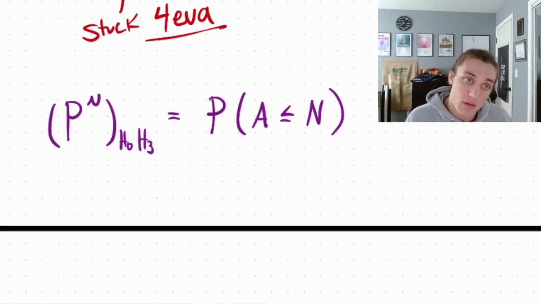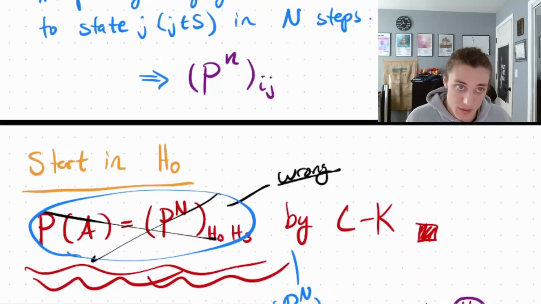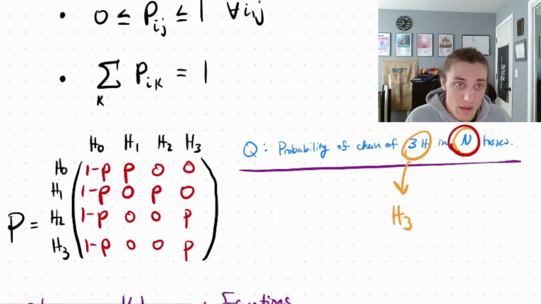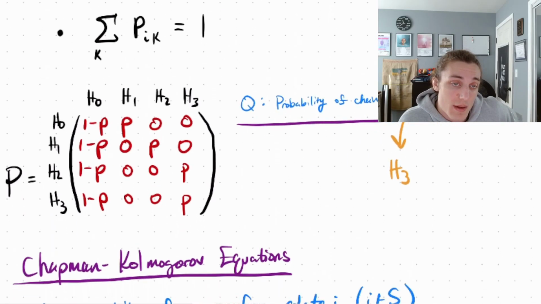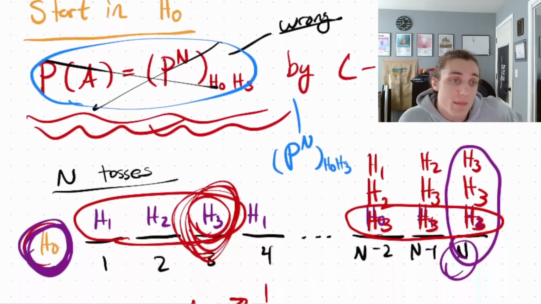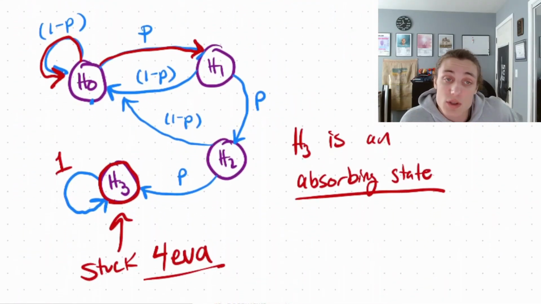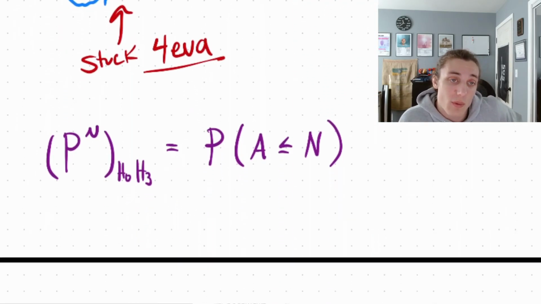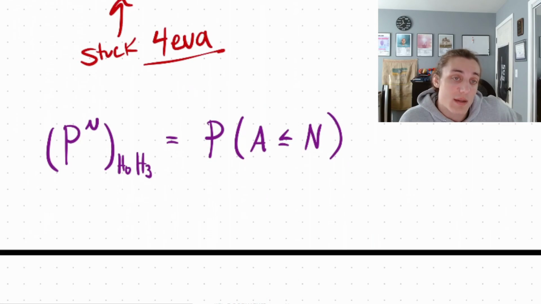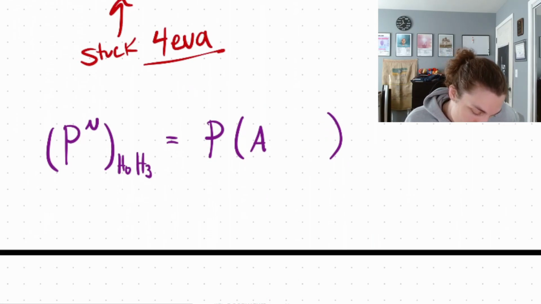Does A occur? Let's go back to this original question here. The probability of a chain of 3 heads in n tosses, right? It's the probability of ending up in state H3 at any point throughout the n tosses, okay? So this would essentially be the probability of A.